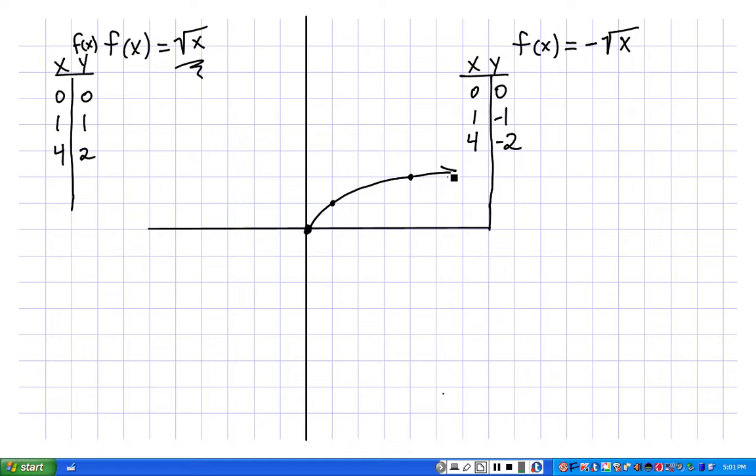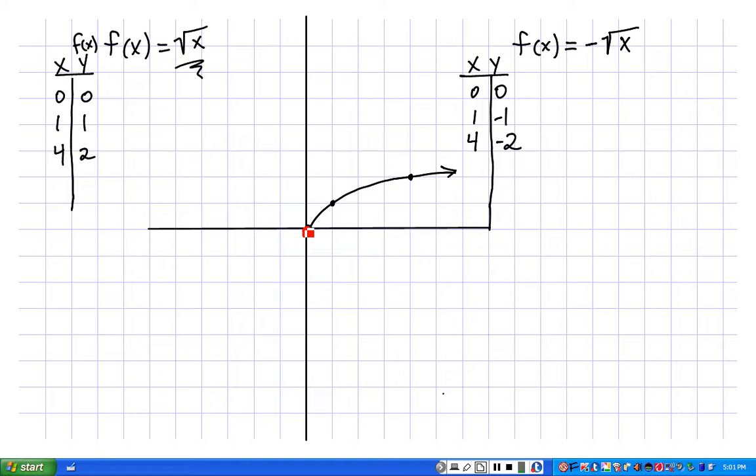Alright, so you have that there. Okay, and then we plot our second function, 0, 0, so it's also here.